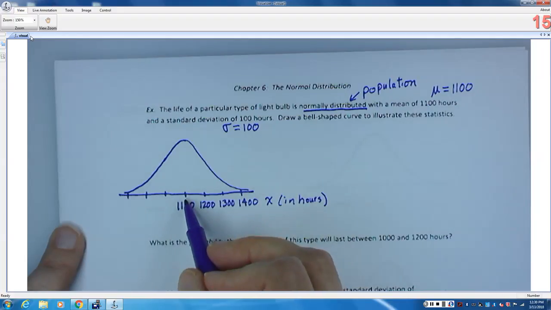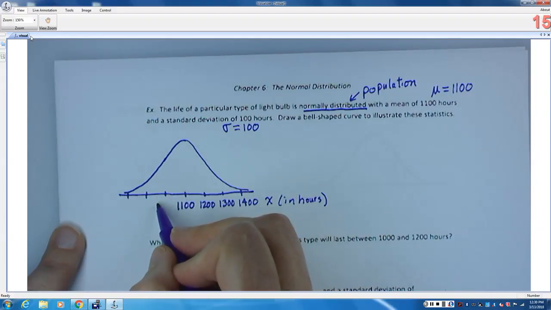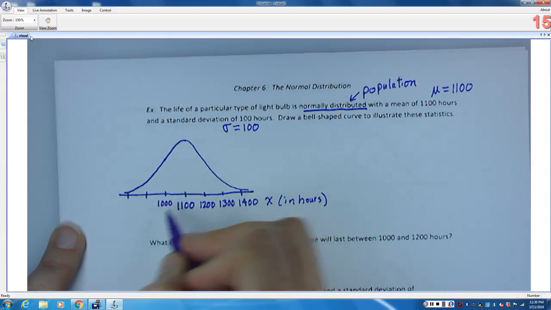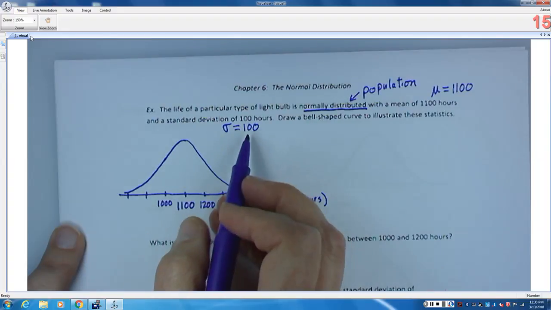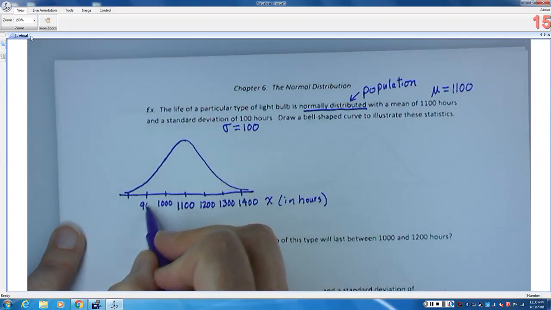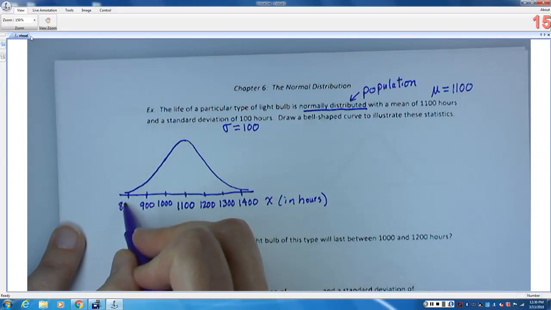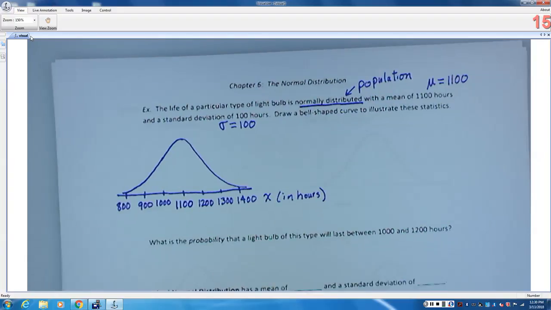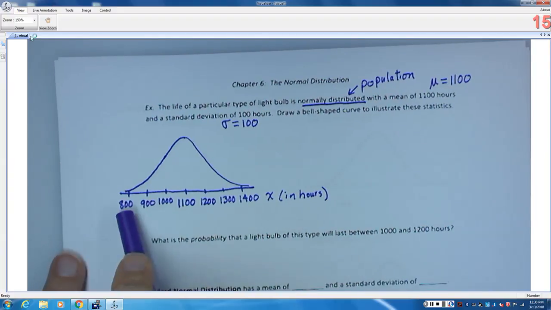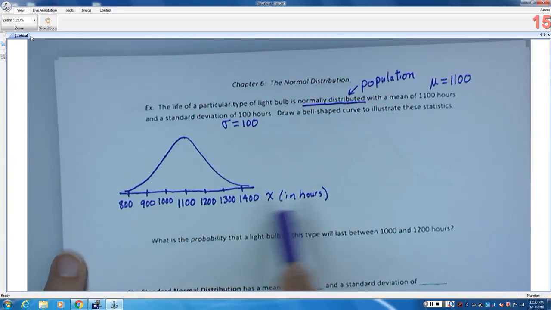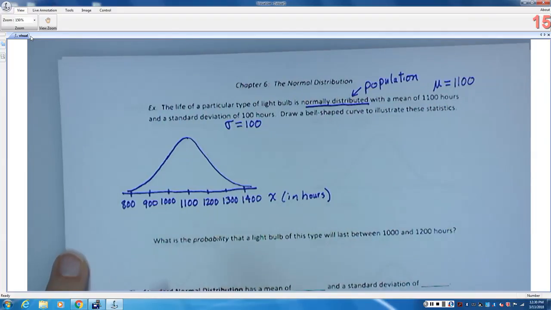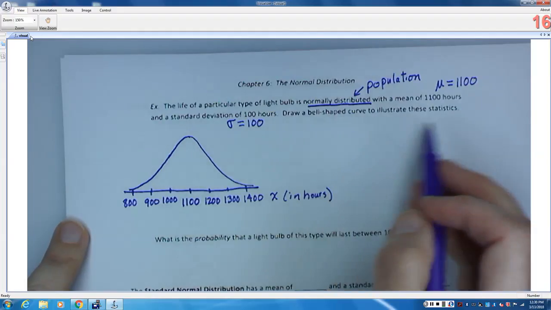So from the mean, we subtract 1 standard deviation, we get 1,000. We subtract 100, or 1 standard deviation, we get 900, and then 800. And I do require that you draw your curves and you label your axis and you shade what you're looking for. So it says, draw a bell-shaped curve to illustrate these statistics.